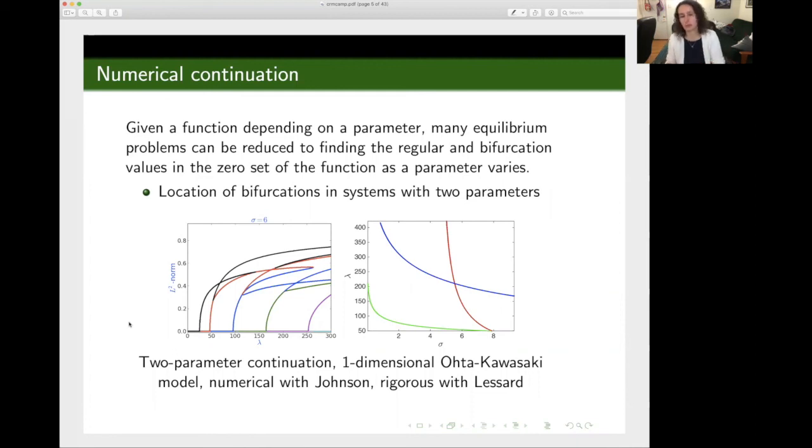So there are two parameters, and at a certain parameter value, we end up seeing this type of picture with a whole bunch of saddle node and pitchfork bifurcations. And then with Jean-Philippe Lessard, we gave a rigorous validation of two parameter continuation of these bifurcation points.